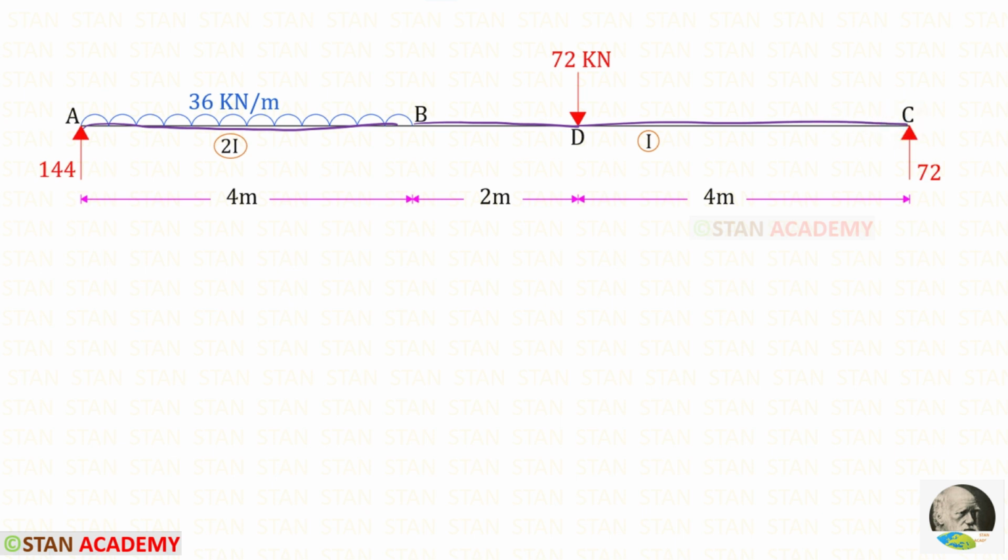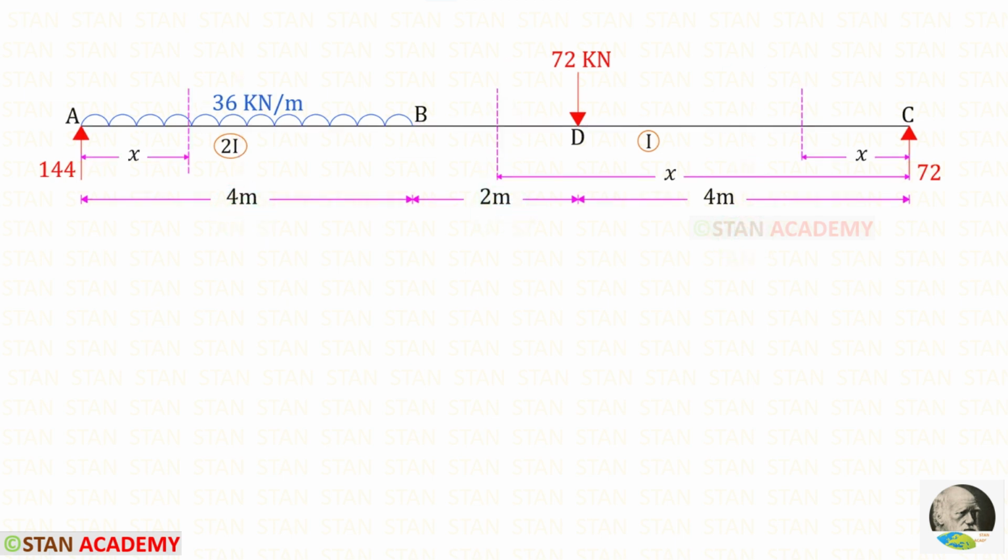So we have to make 3 sections, one in AB, one in BD and one in DC. You can see that I have made 3 sections, one in AB at a distance of x from A, one in BD at a distance of x from C, and the last one at a distance of x from C.